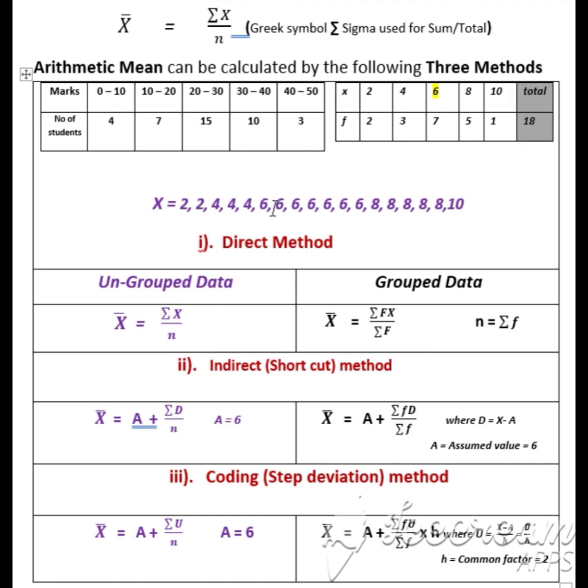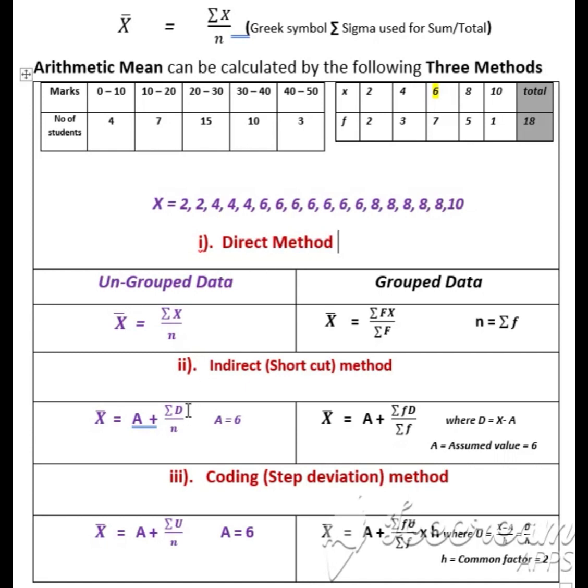You can assume any value from x, either from ungrouped data, like 6 or 4 or 8, or in grouped data you can assume any number, either 2, 4, 6, 8, even 7. 7 is not in the table, but it is between 2 and 10, so you can assume it as a. So a can always be assumed from x.